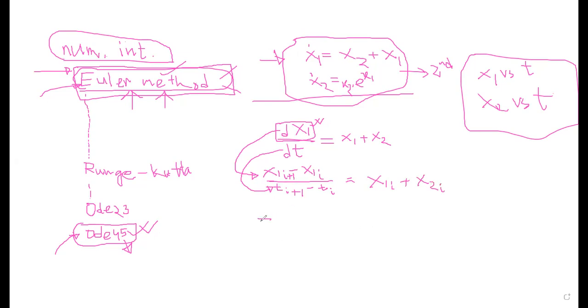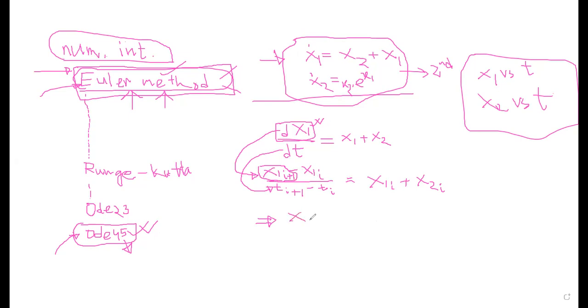If we know all the variable values at the ith index, then x at i plus 1 can be calculated.